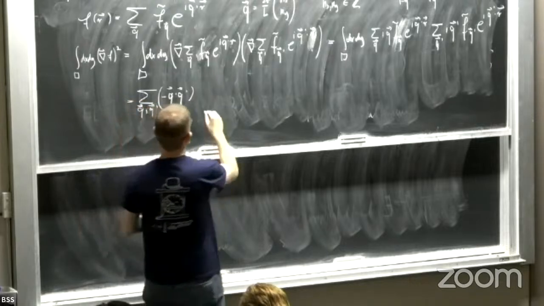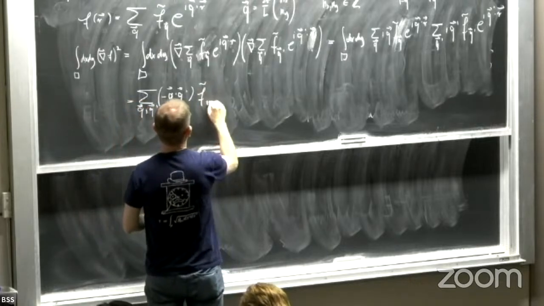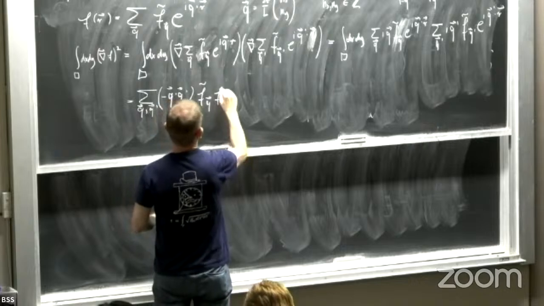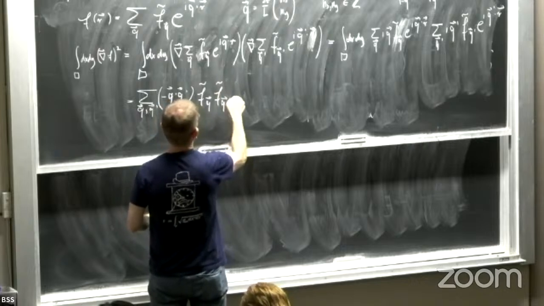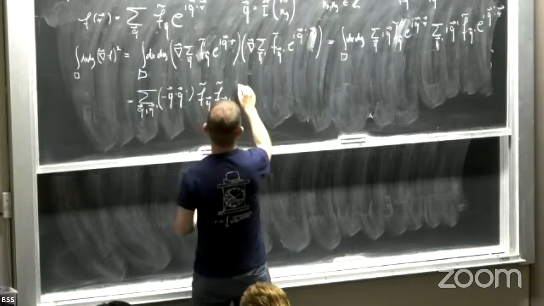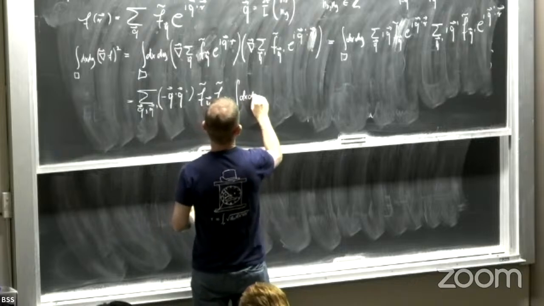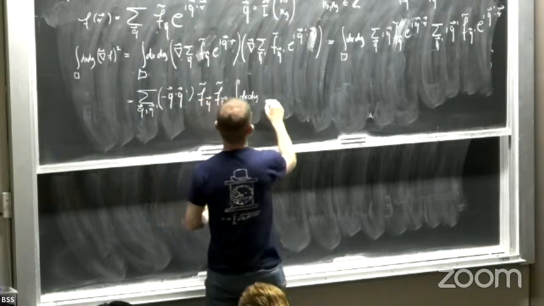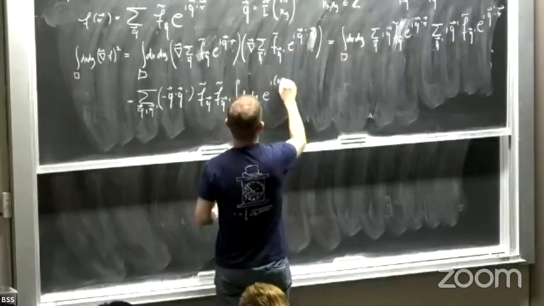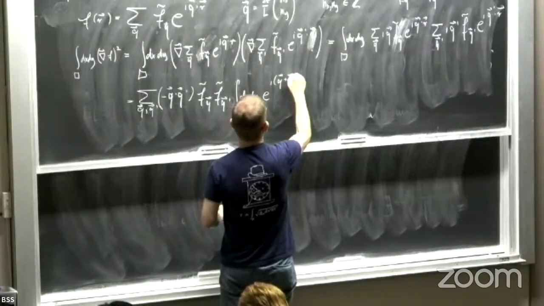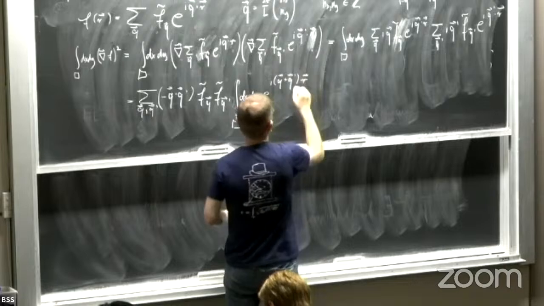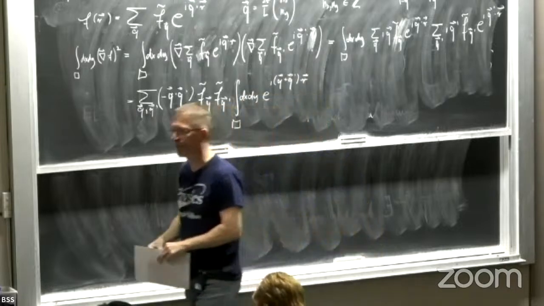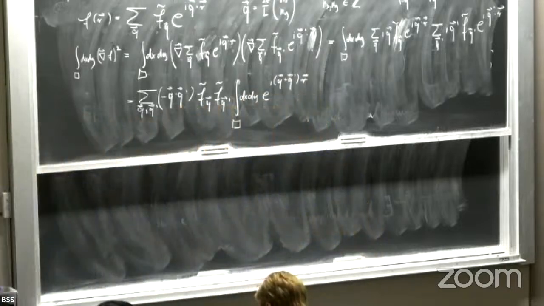I get an f tilde q f tilde q prime, and then comes the integral dx dy over my patch of e to the i (q plus q prime)·r. All right, so far it was pretty straightforward.